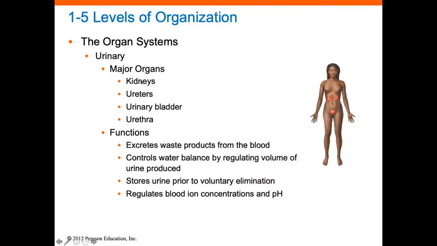Your urinary tract, which are the kidneys, the ureters, the urinary bladder, the urethra, these function to clean out the blood. They're going to remove any waste products from the blood. They regulate water balance. They store urine. And it helps to regulate blood ion concentrations and pH. pH stands for percent or potential hydrogen.